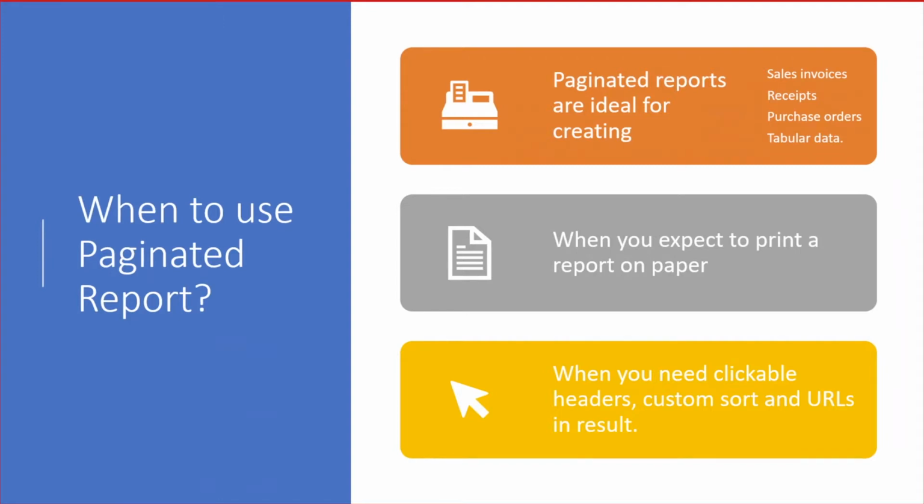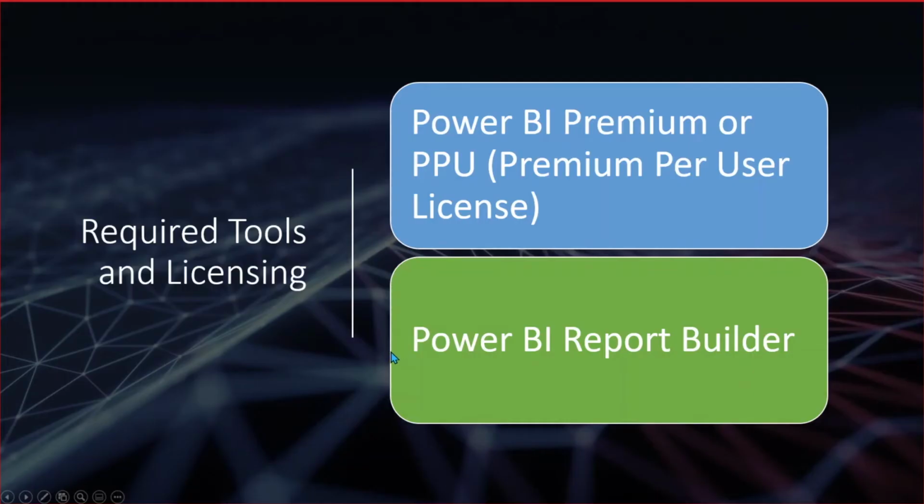And specifically when you need a printing option for a report, this paginated report works best for you. Now let me also talk about which type of licensing we need to get started with paginated report. Most of the time you need either a Power BI Premium license, or Microsoft has now introduced a new licensing capability, the Premium Per User license.